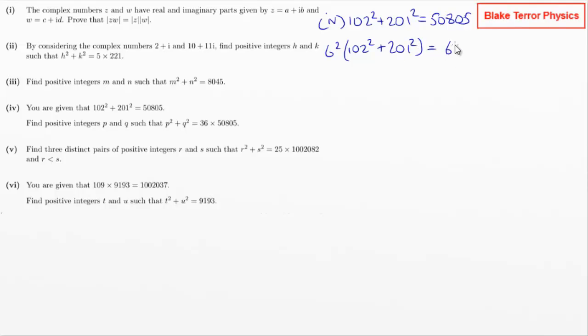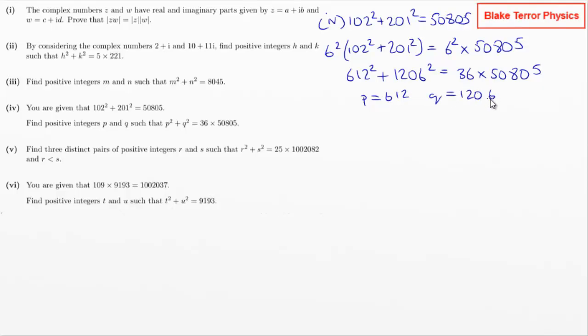I'm assuming this is going to lead us on to something in the rest of the question. So I just need to multiply these things by 6. I'm going to have 612 squared plus 1206 squared is equal to 36 times 50805. So p is 612, q is 1206. Okay, so it's done that one.